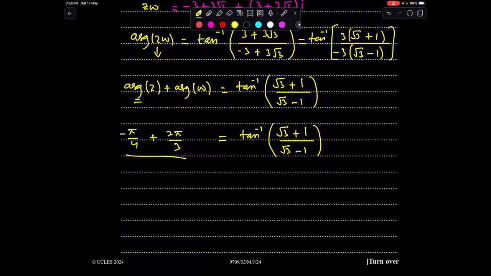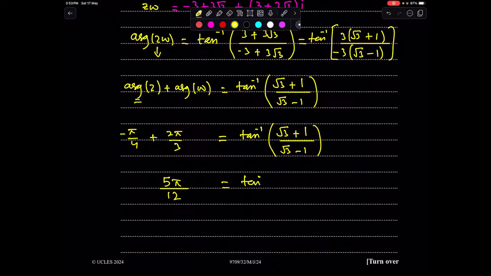Now take the LCM of 4 and 3 and simplify this. So the LCM is 12. 12 minus 3 pi, 8 pi, so 5 pi by 12. This calculation is simple, so I'm doing this directly.